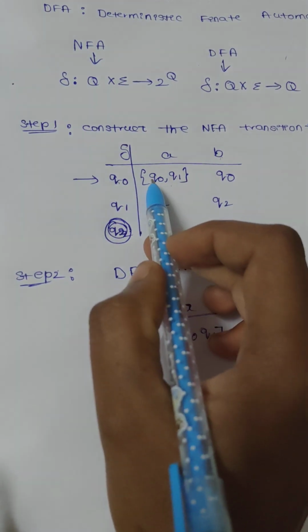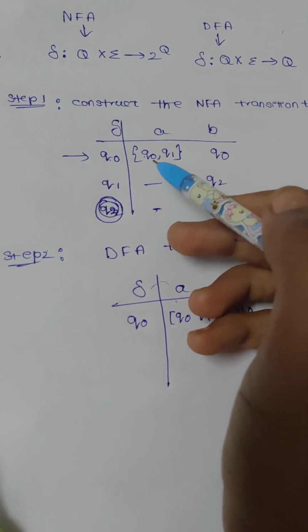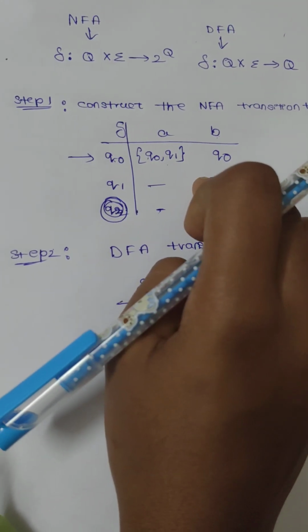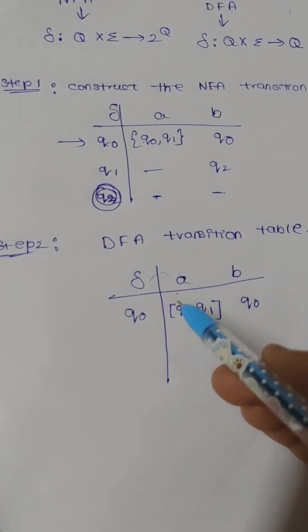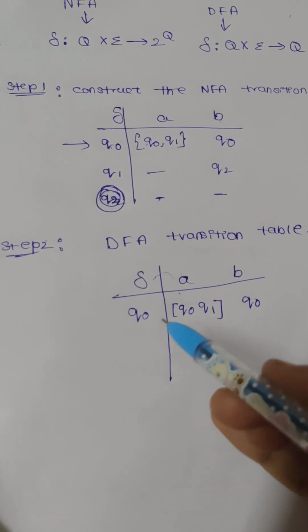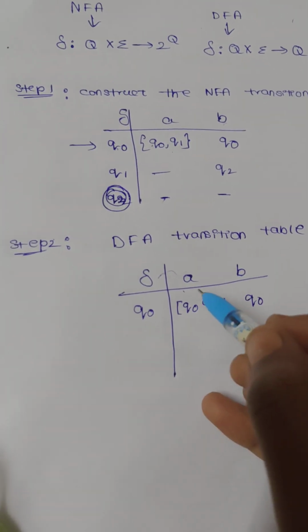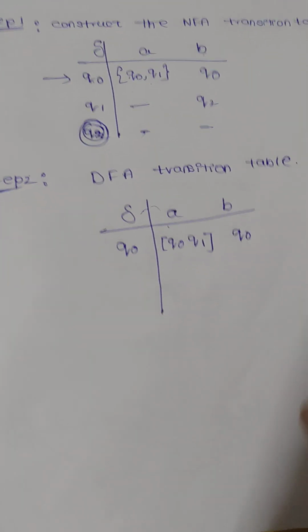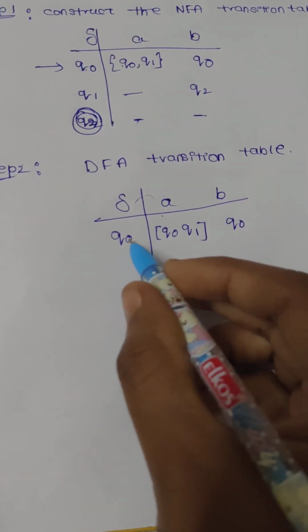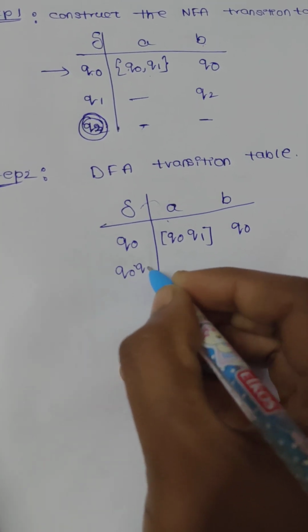So these are more than one state, and we take two states or three states or more than one state as a single state, represented with a square bracket like this. Here Q0's transition is completed. Then we take Q0 and Q1.